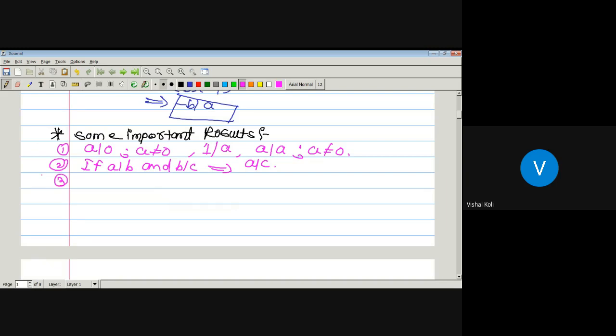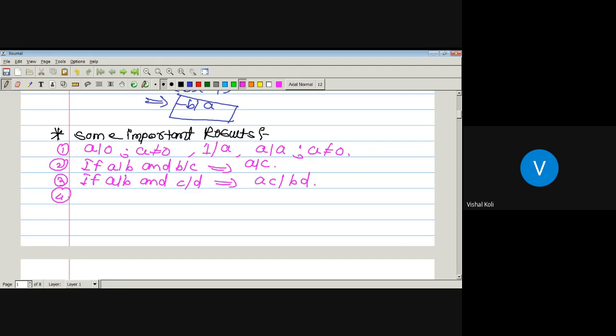Third one: if a divides b and c divides d, then a times c must divide b times d. Since a divides b and c divides d, the product ac must divide the product bd.